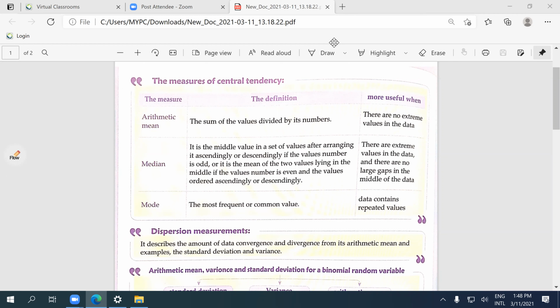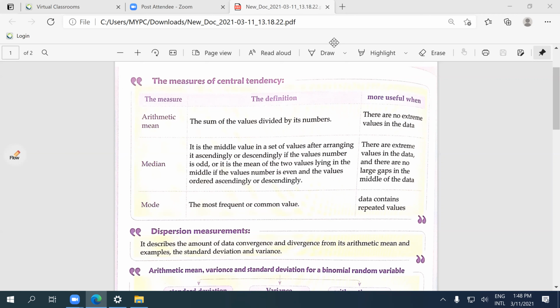Also, if I need to make an order, how can I order nationality? So we can't use the arithmetic mean, the average, or the median if we deal with qualitative data.